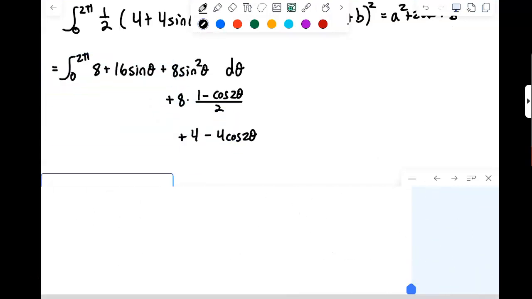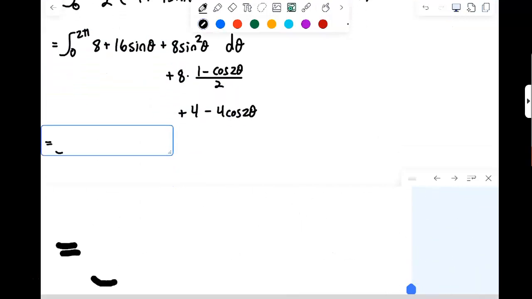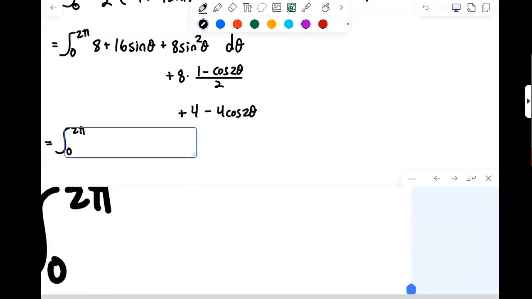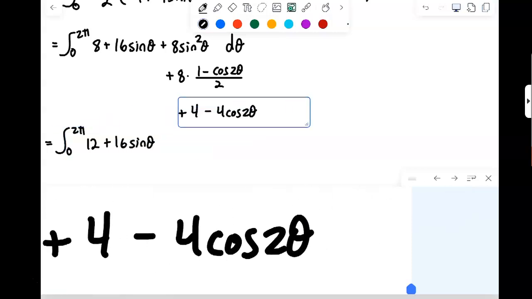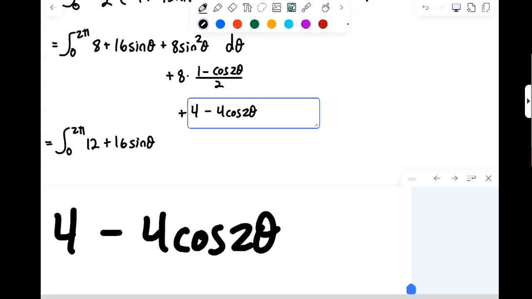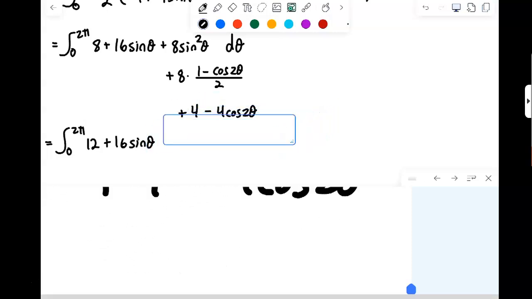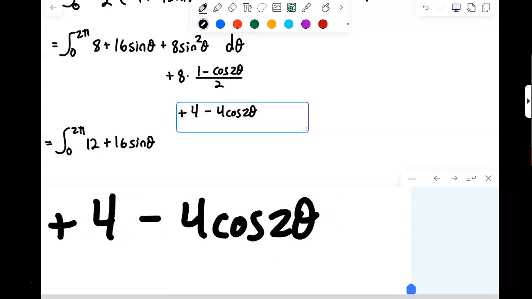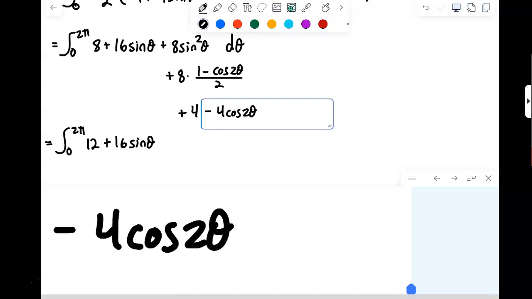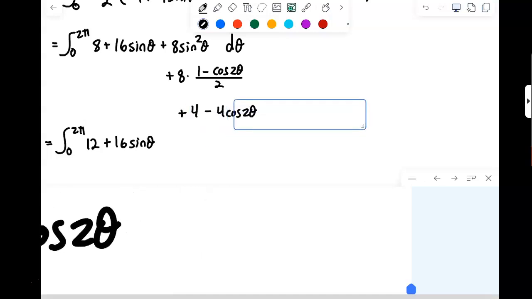Okay. So putting everything together now, we'll have the integral from 0 to 2 pi of 8 plus 4 would be 12, plus 16 sine theta, and finishing it off, minus 4 cosine 2 theta. Just to save myself a little bit of writing here, though, I'm going to make an adjustment to that. The 2 theta inside is going to require a 2 for the substitution, so I have 2 d theta.